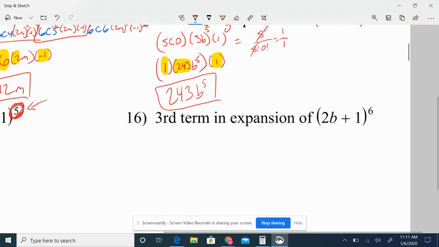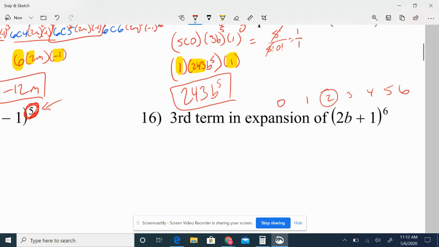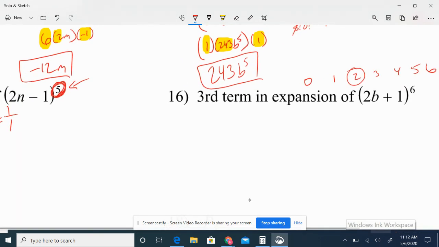Now, let's take a look at this example. Starting at 0, I'm going to do my numbers 0, 1, 2, 3, 4, 5, 6. So here I'm asking, give me the third term. So I'm going to start with 6 choose 2.